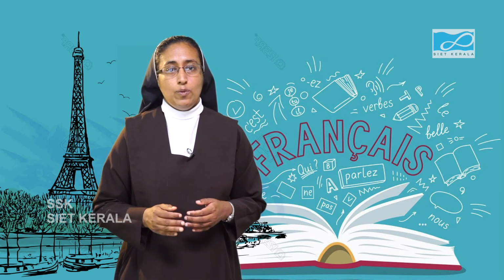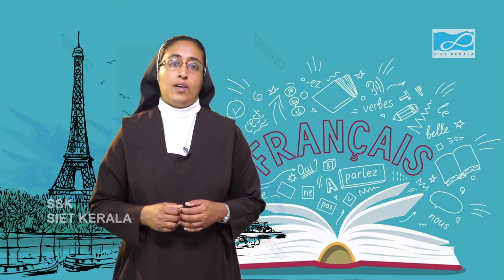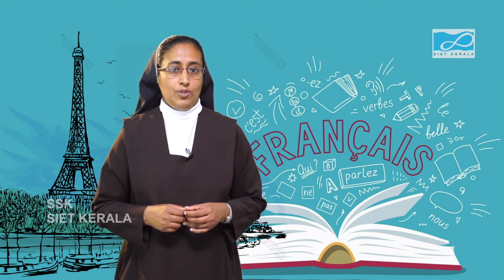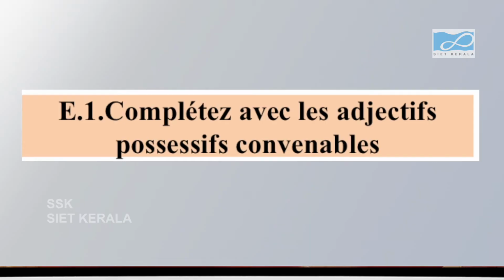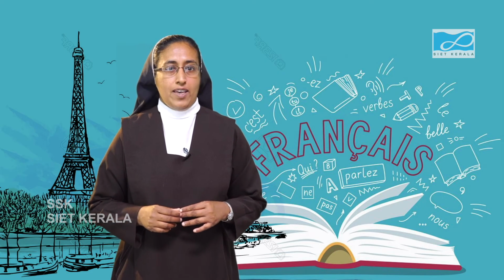We make use of the verb être followed by the preposition à, and then you write the pronom tonique. So there are two ways of expressing possession. Let's try to do an exercise. Okay, the first exercise. Complétez les adjectifs possessifs convenables. So you have to complete with the suitable possessive adjective.